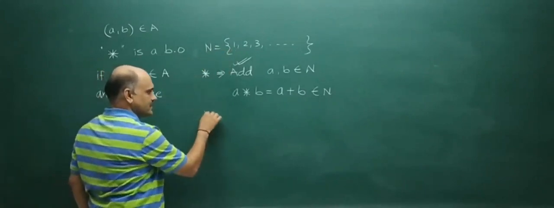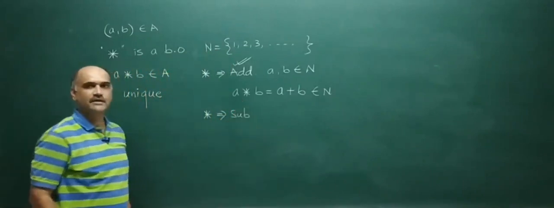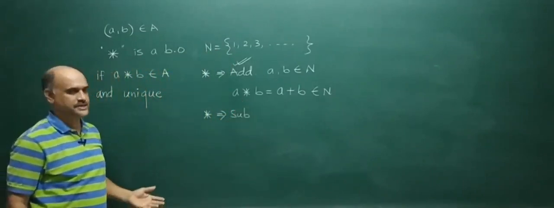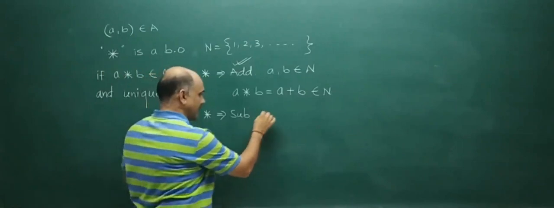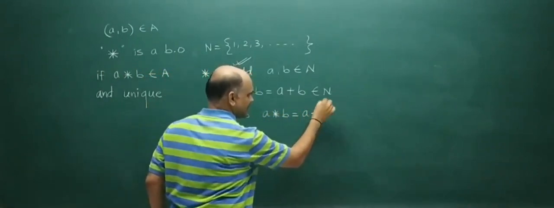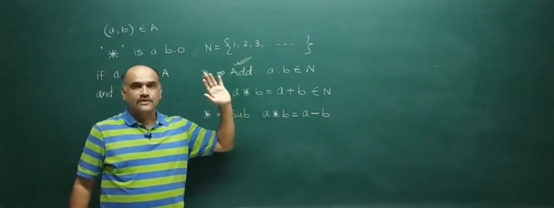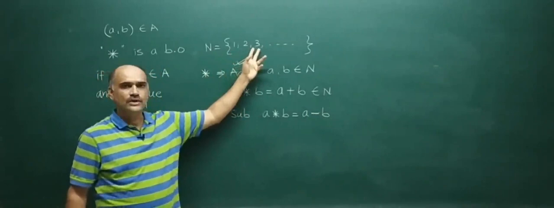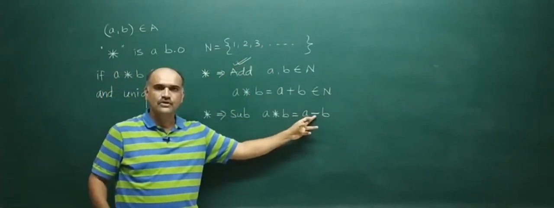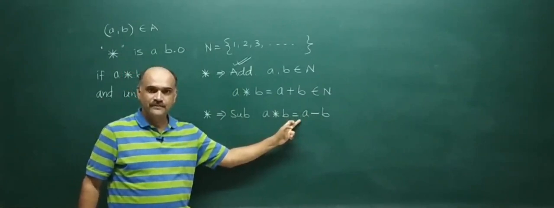If I take the binary operation as subtraction, so a star b will be equal to a minus b. Now, if you take any two numbers from this set and subtract, is it possible that you always get a positive number?